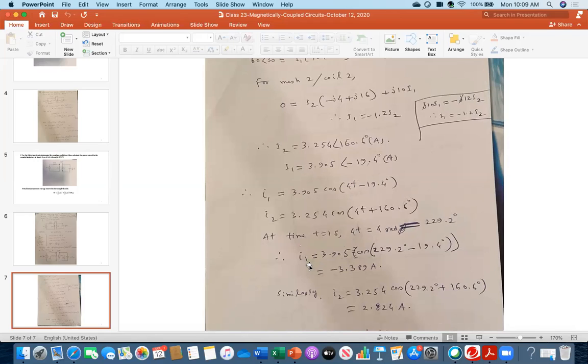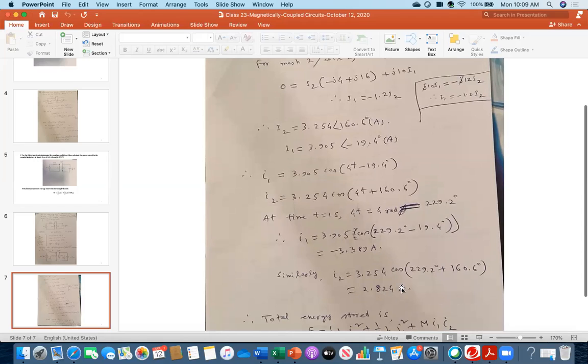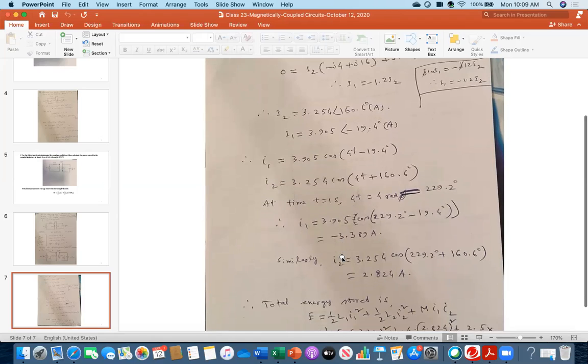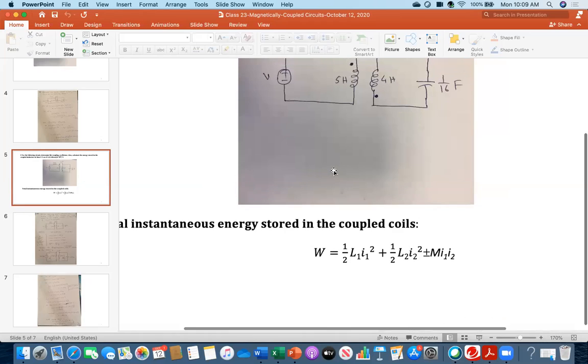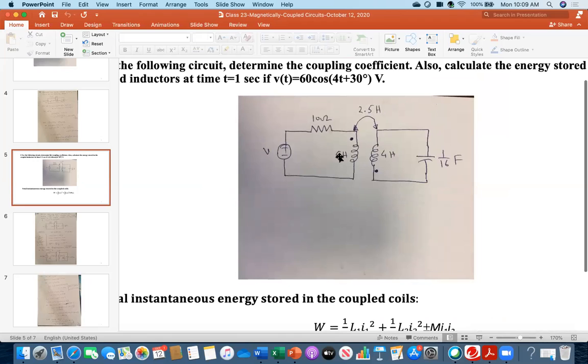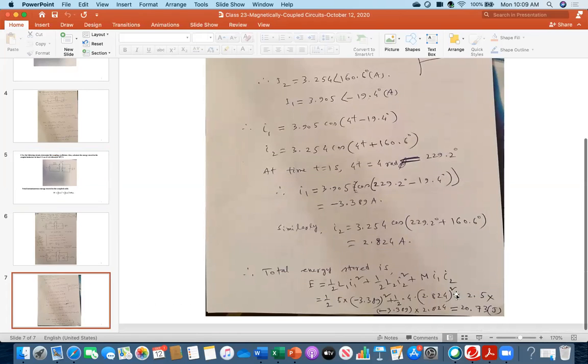So finally, I got I1 as minus 3.389 ampere, and I2 as 2.824 ampere. So I2 is plus, but I1 is minus. Then I am using that energy stored equation. L1, L2 and M are the original values in the circuit. After plugging in, finally I got this 20.73 joule.